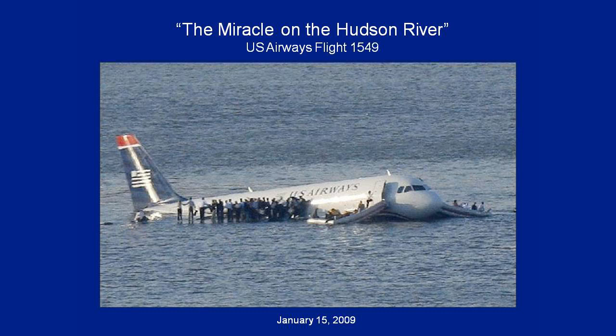Remember the miracle on the Hudson River? So this plane took off from LaGuardia, and a flock of Canada geese came in, which are too heavy for this plane. And both engines stopped. They turned around and then had to make a decision. Will we get back to LaGuardia, or do we have to do something different? How do you make the decision? Do you calculate?